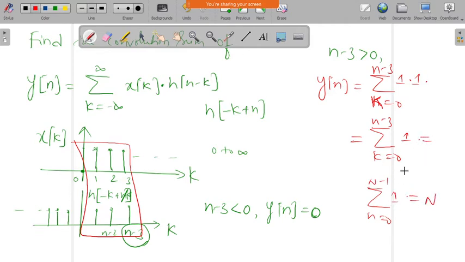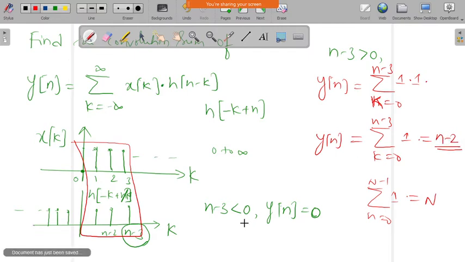Here, whenever the upper limit is n minus 1, we can write n. Since this summation goes one less than that, if I write this one less than this value, it will give n minus 2. So your y of n for n minus 3 greater than 0 will be n minus 2.